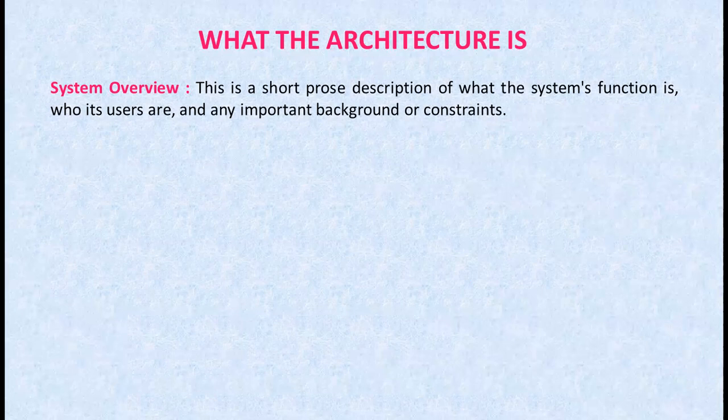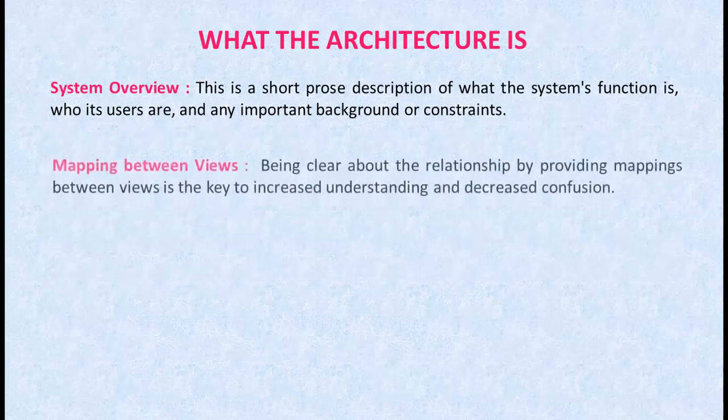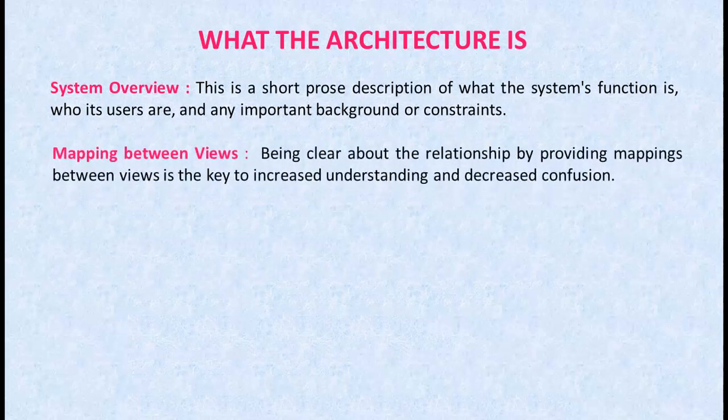Sometimes the project at large will have a system overview, in which case this section of the architecture documentation simply points to that. And second is the mapping between the views. Since all of the views of an architecture describe the same system, it stands to reason that any two views will have much in common.